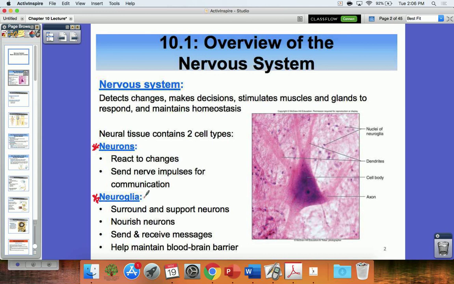And the neuroglia will be the cells that are there for support, for nourishment, to make sure that Beyonce is fed and so that she can do her job. If you look at this picture here, the neuron is this large star, or this large cell. And then we have neuroglia that are just kind of surrounding this cell, and this is going to be the support system for the neuron.